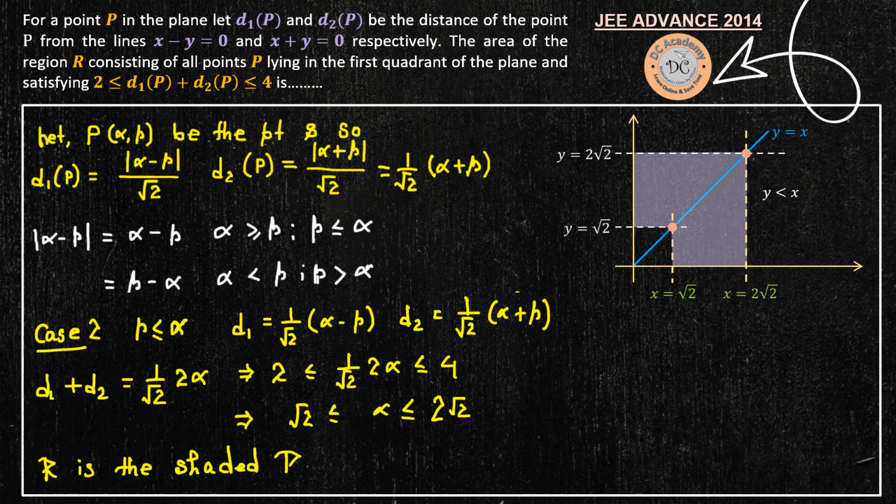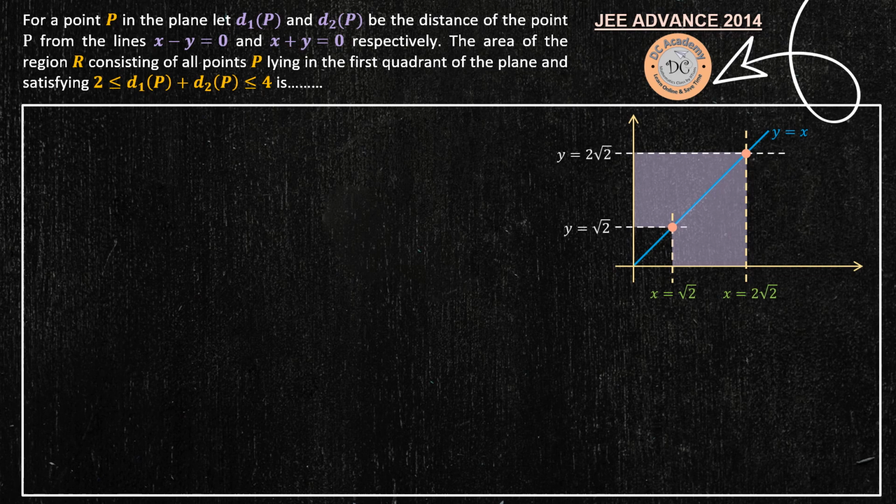Now, our job is to calculate the area of this region R. Let's go ahead and calculate the area of R. We need to find the area of the shaded region.